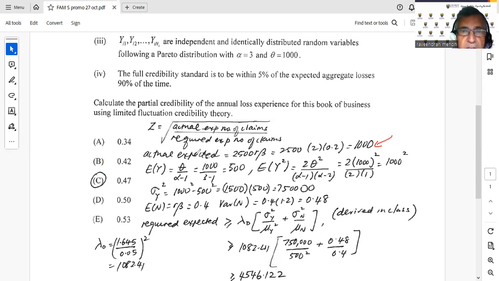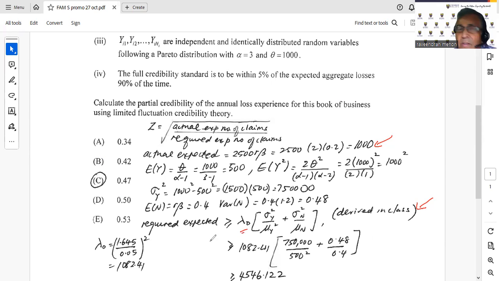Now what we need is the required expected number of claims. That we need to do a little bit of work. What I did in my solution, I went ahead and found the things that I need to plug into this line here. I covered this in my class. The required expected will be bigger than or equal to lambda naught.